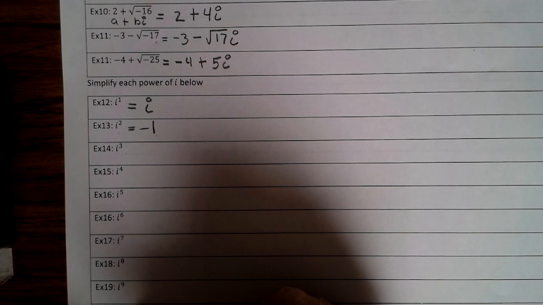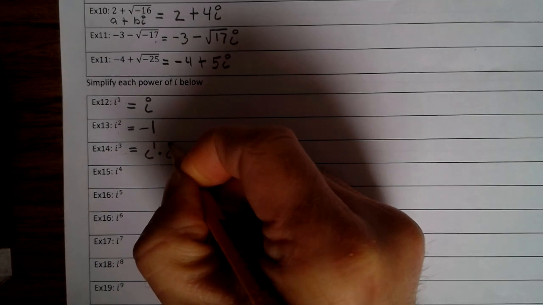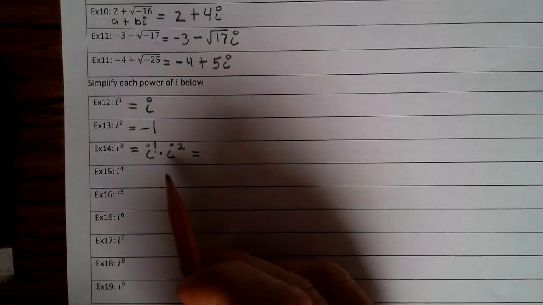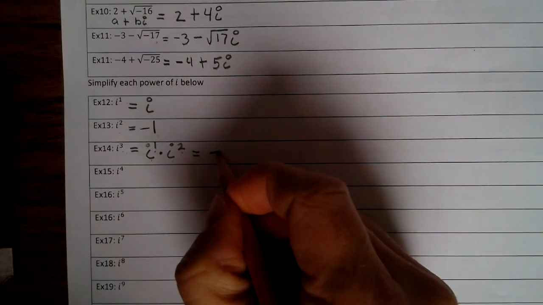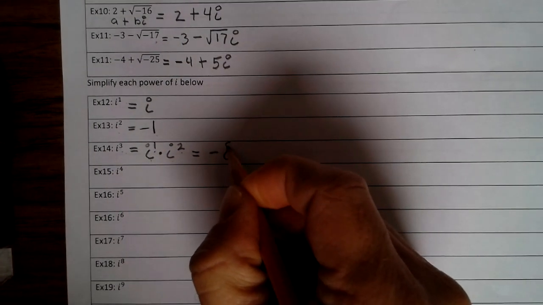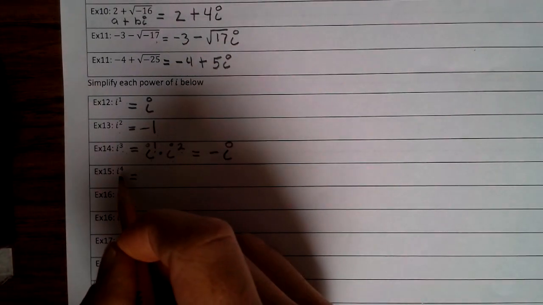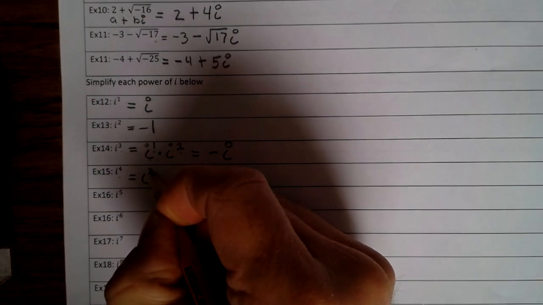So i cubed can be written as i to the first power times i squared, because 1 plus 2 is 3. So we know that i squared is -1, and i to the first power is i, so that's just -i. Now here, i to the fourth power can be written as i squared times i squared, because 2 plus 2 is 4.